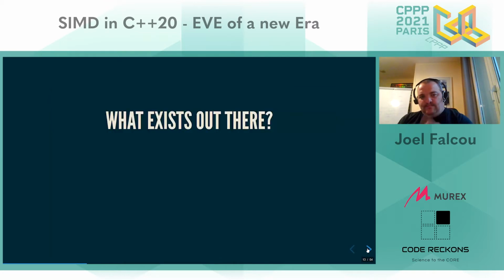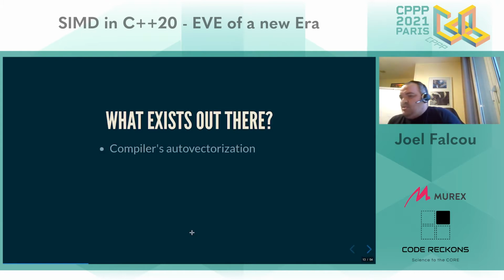So how can I actually get my hands into these systems? Well, you can try letting the compiler do its job, because generating code from a high-level piece of code into a low-level, architecture-specific instruction sounds like a job for a compiler, and it works. It works as long as you don't do anything too fancy.